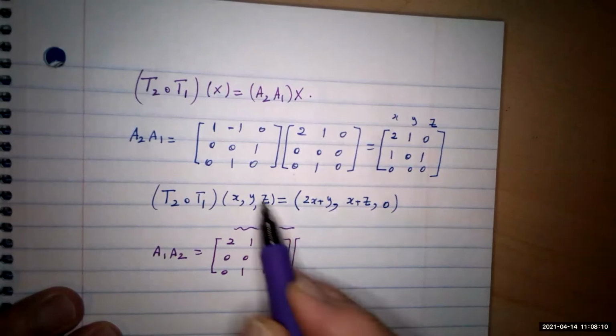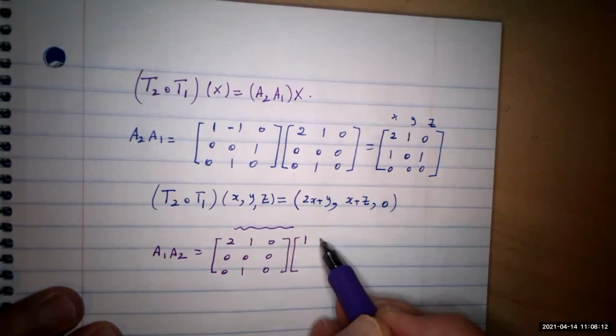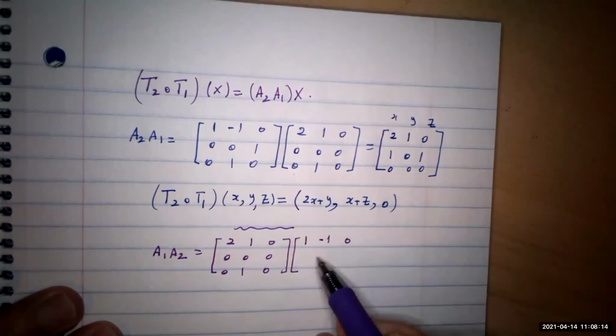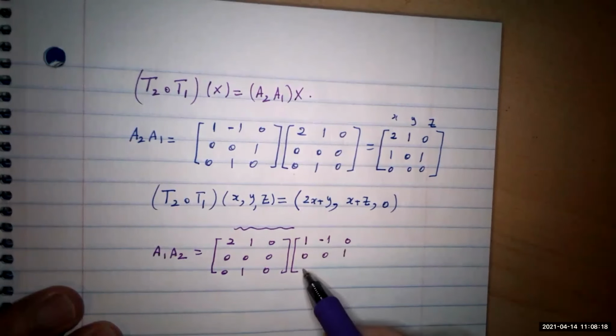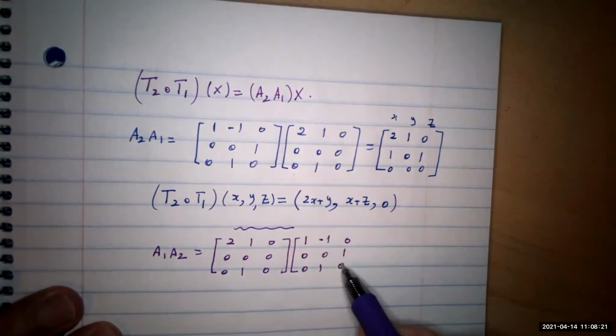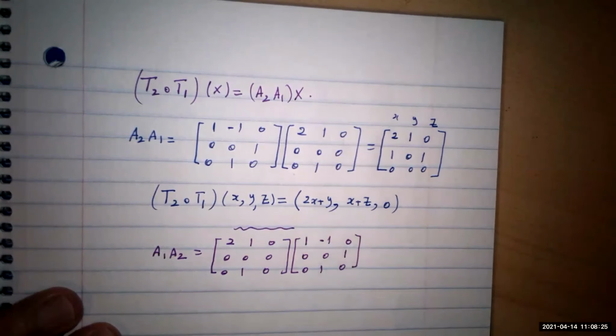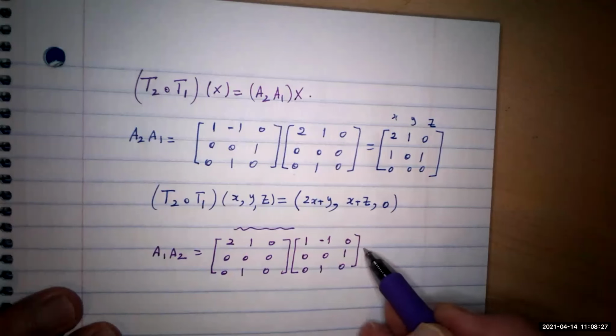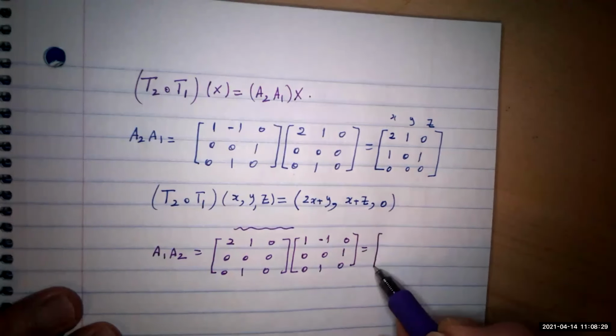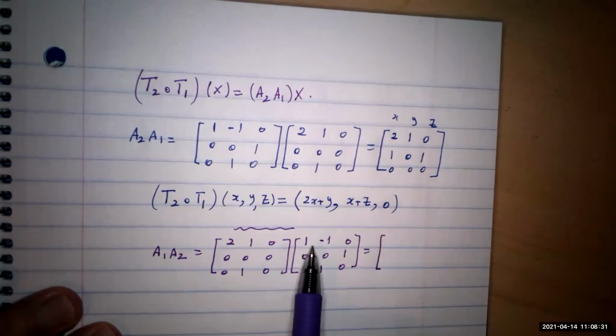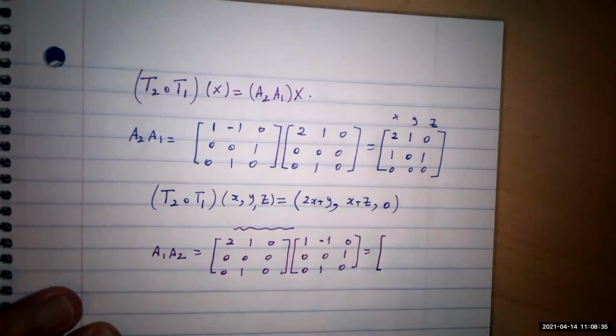And then you're going to multiply by 1, negative 1, 0; 0, 0, 1; and 0, 1, 0. Okay, multiply this. If you multiply this one, that gives you 2.